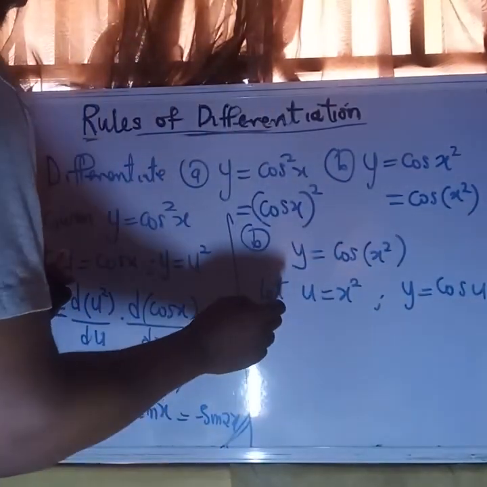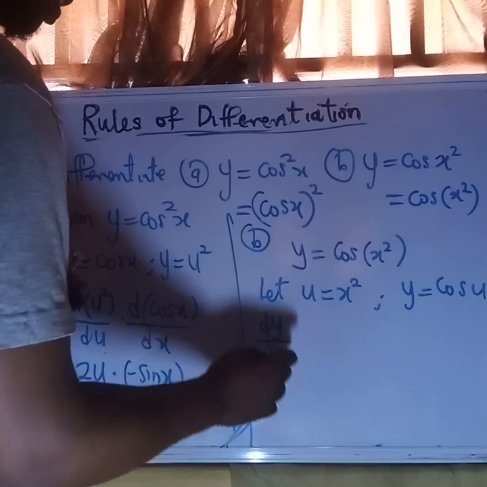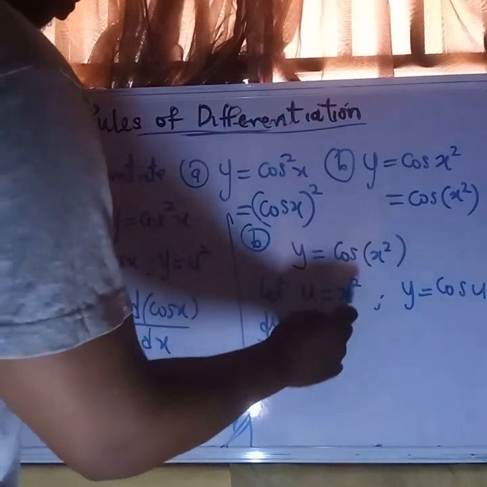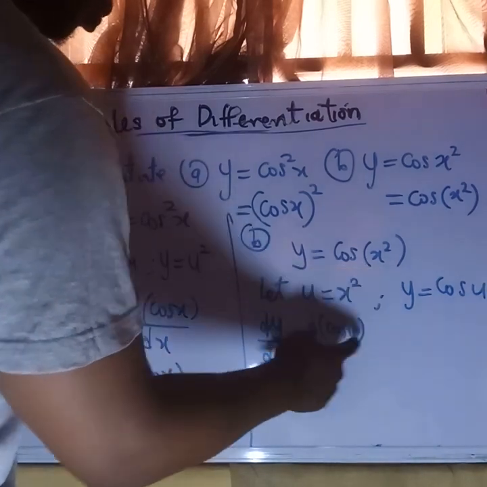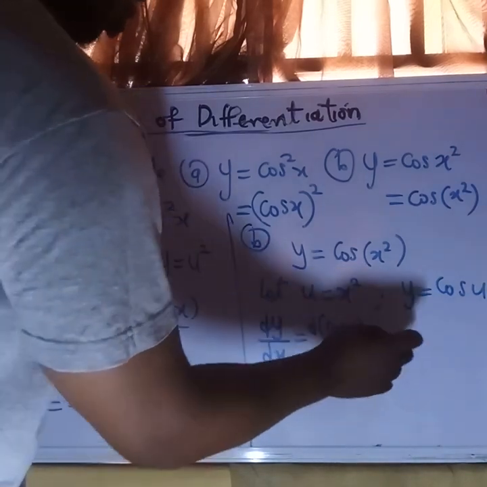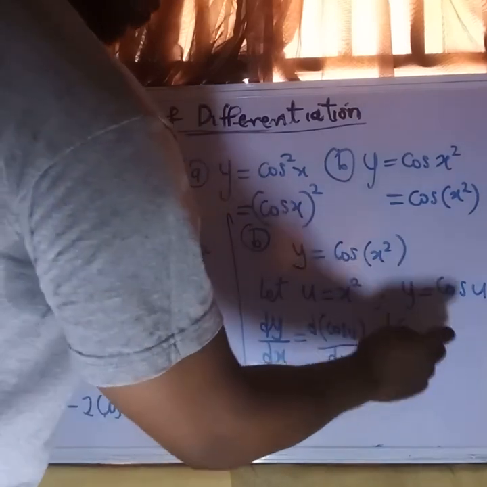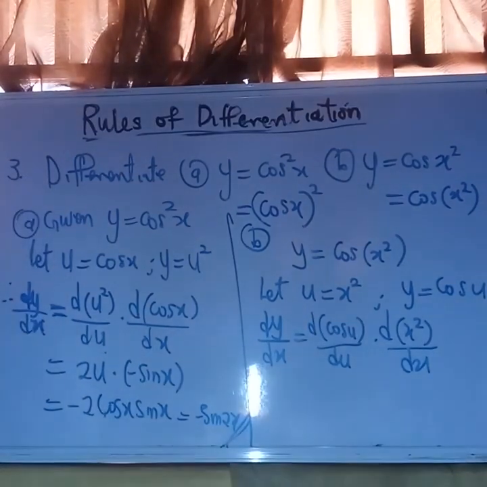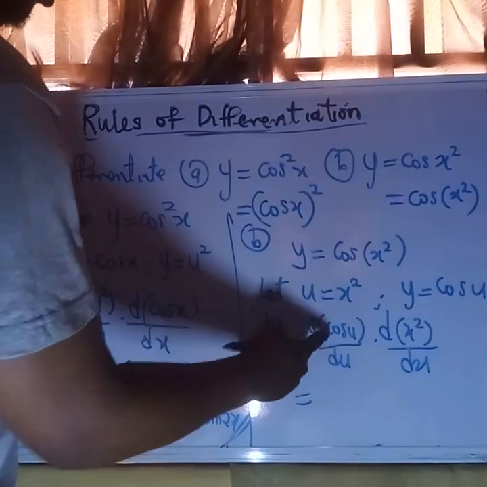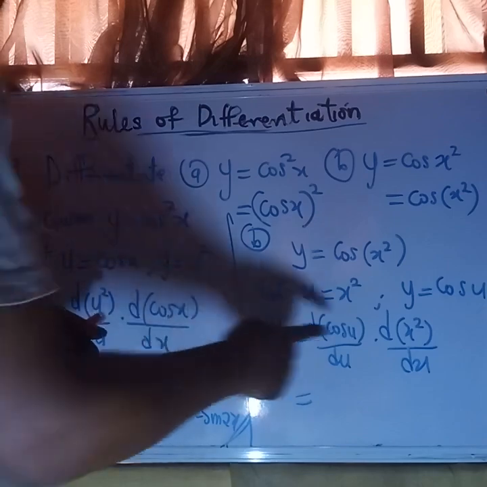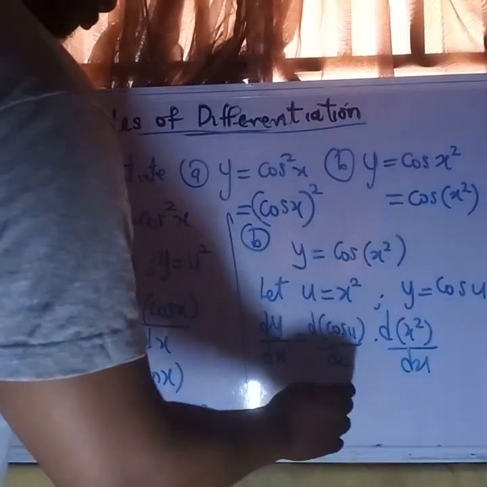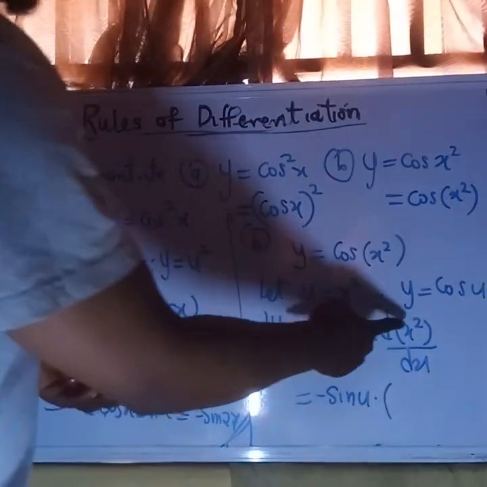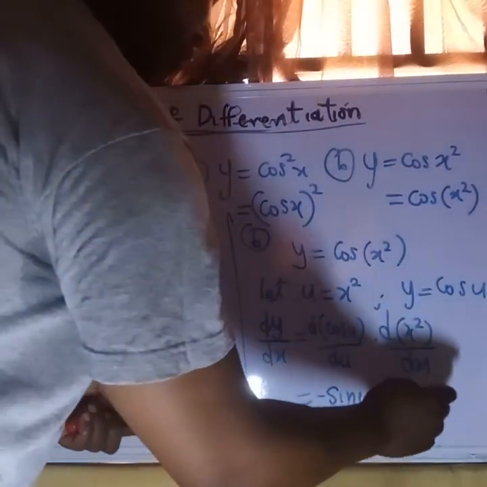Therefore dy/dx is the derivative of cos u with respect to u, times du/dx, where u is x squared. When we differentiate cos with respect to the argument u, this is negative sine u, multiplied by the derivative of x squared with respect to x, which is 2x.